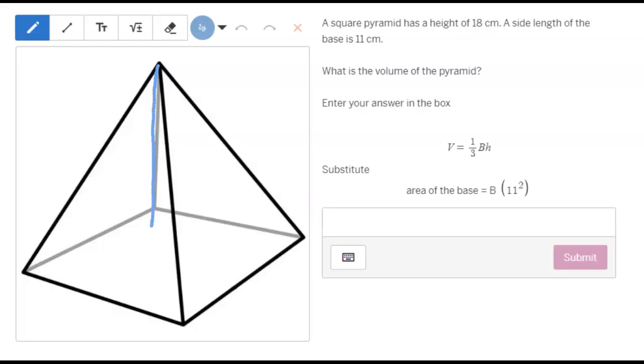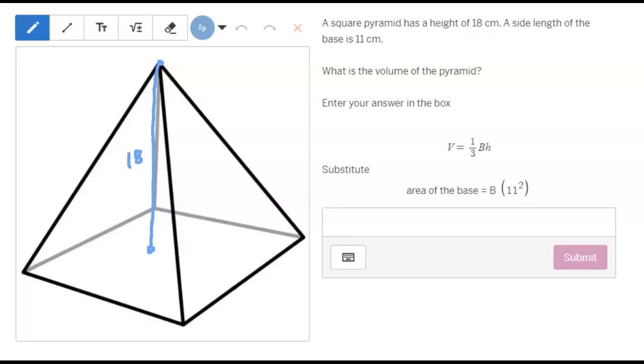So this right here is going to be the height. It goes from the center up to the apex or the top vertex. And then that height is 18 centimeters.